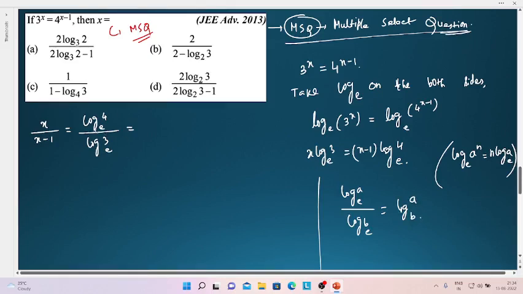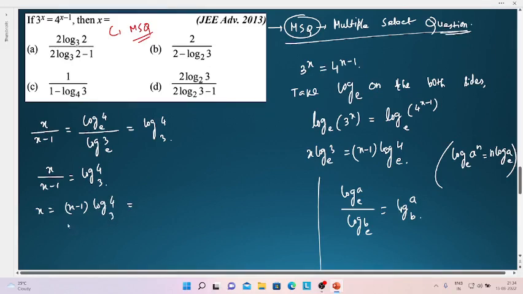So we can write this equation as log 4 base 3, so x upon x minus 1 equals log 4 base 3. So x equals x minus 1 times log 4 base 3, right?